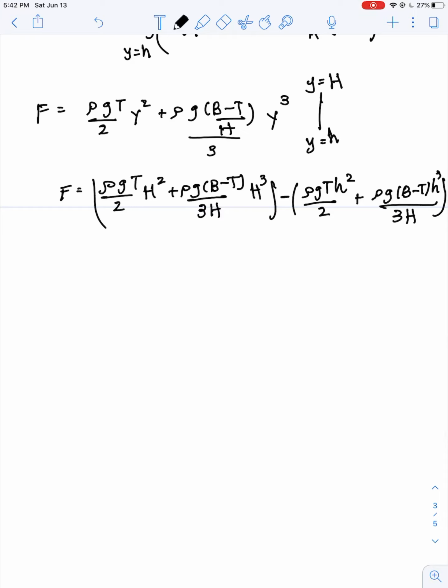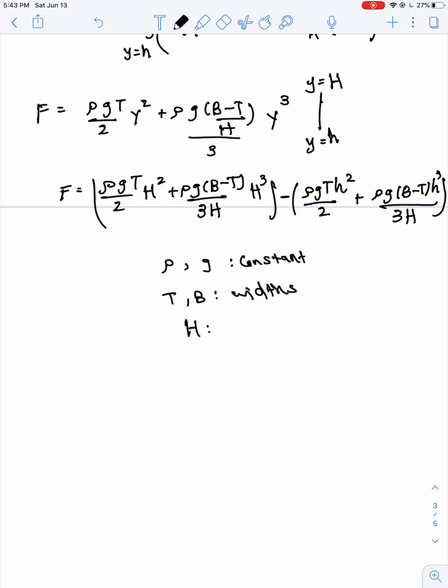But using this equation, what are the variables here? We have the density and gravitational acceleration, which we assume are both constant. We have T and B, which are the widths of the dam, the top and bottom widths.